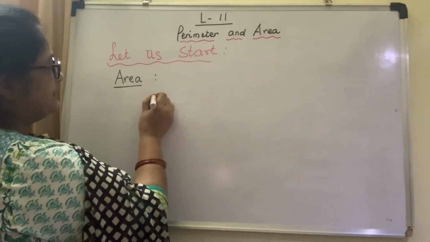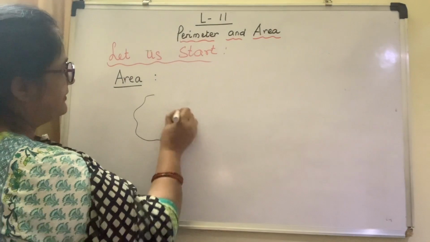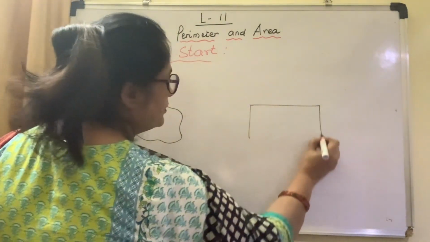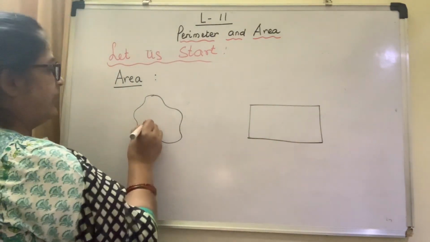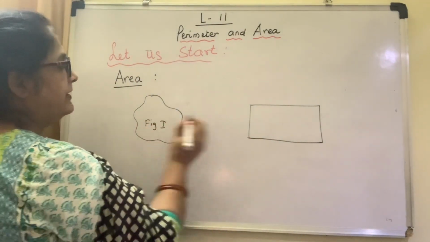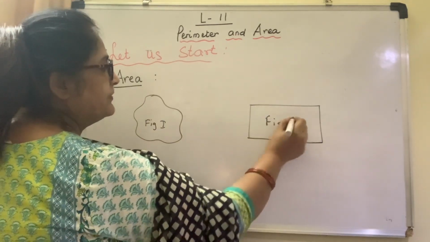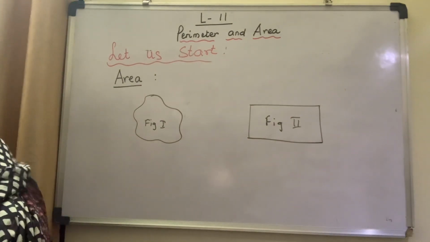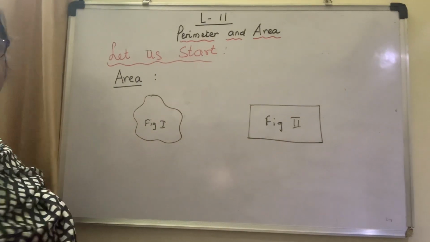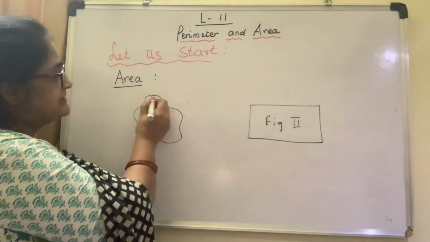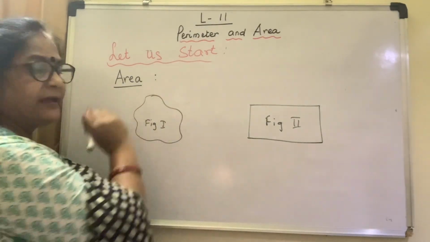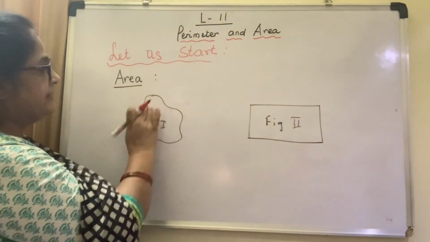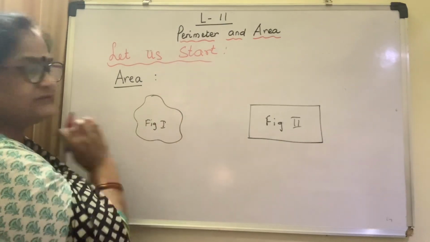Now supposing I take the same figures which I had taken, figure number 1 and figure number 2. This was the shape of our figure number 1 and this is figure number 2. Now area is the space which is in the interior. The black line is the boundary. This area is the interior of this figure.